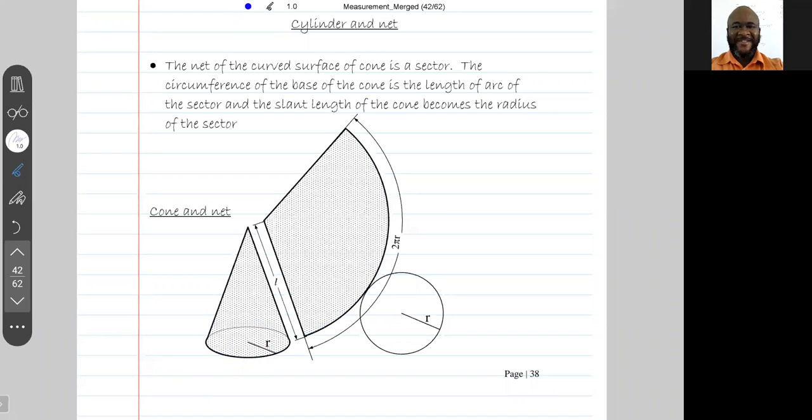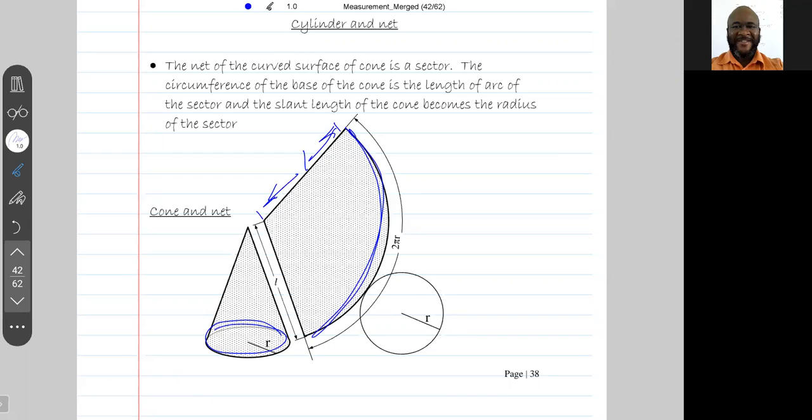And the slant length of the cone becomes the radius of the sector. So the L for the cone is the L here. It's the L that is the radius of the sector. And the circumference of the cone becomes the length of the arc of the sector.